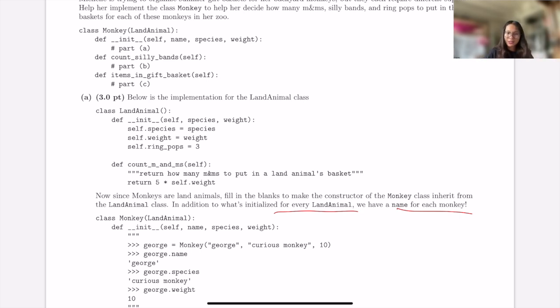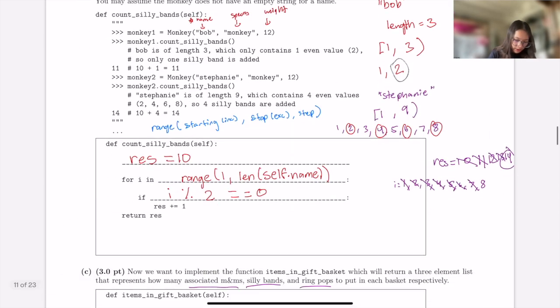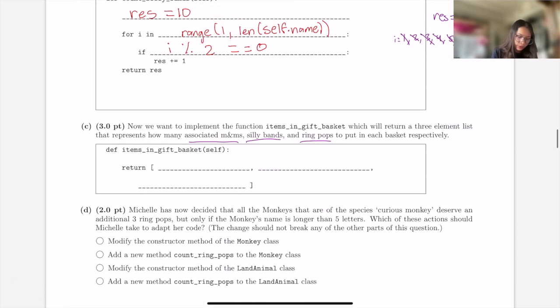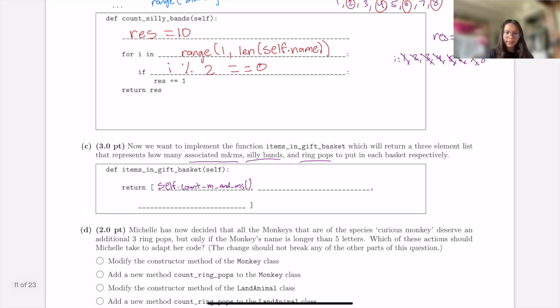So this is exactly what we want as our first item in our list. So to call this method, we would need to use self.count_M&Ms. And we want to make sure that we are including parentheses because we are calling the method.